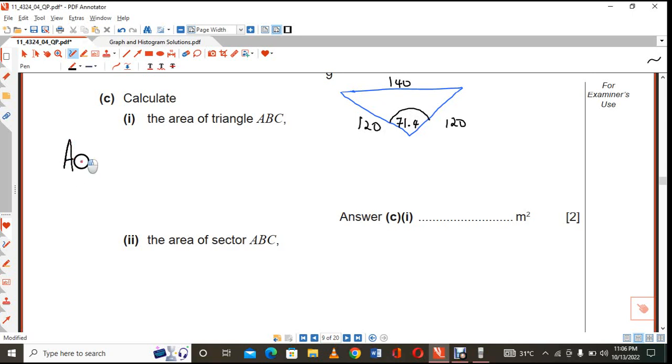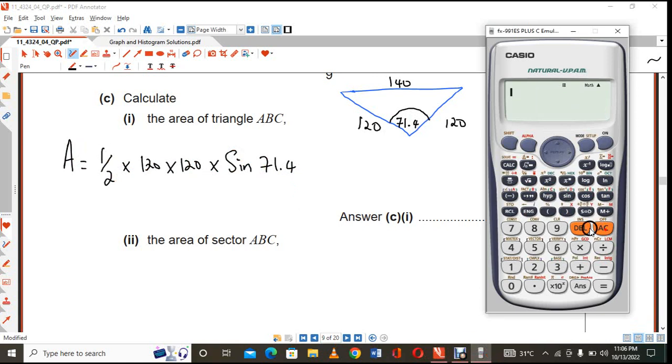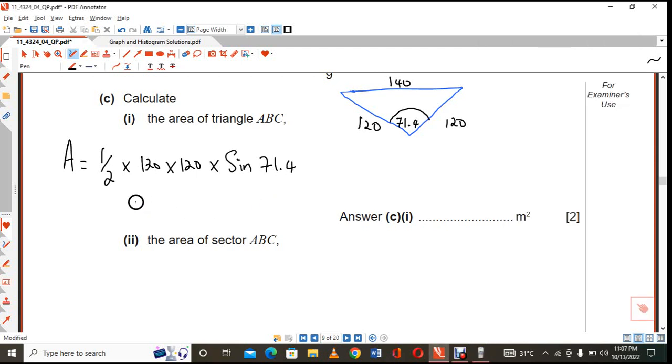So you can use the formula A equals a half times 120 times 120 times the sine of 71.4 degrees. That gives you 6,823.